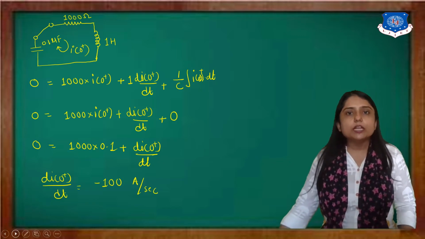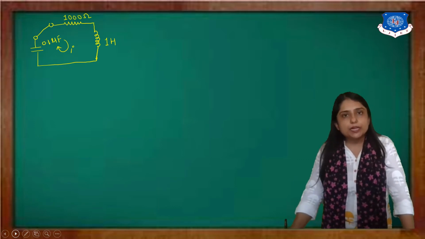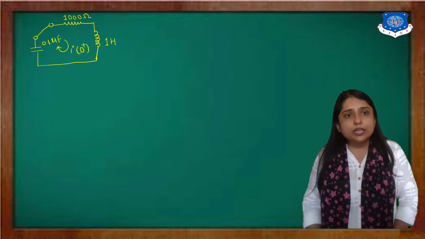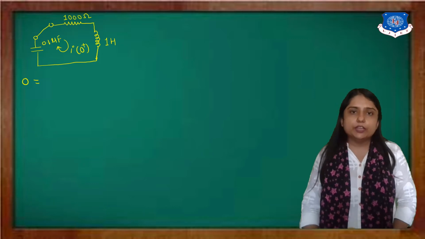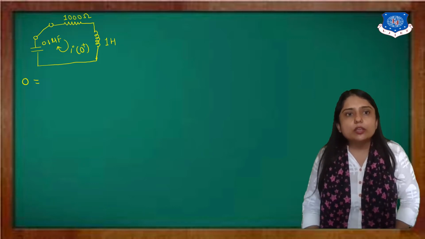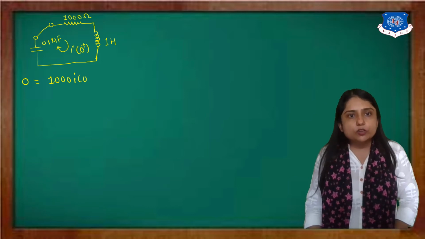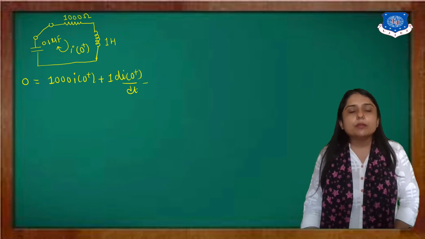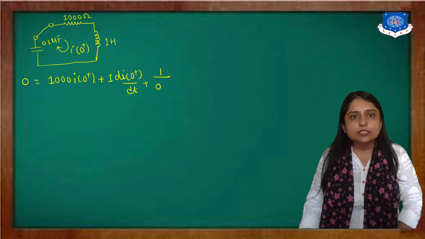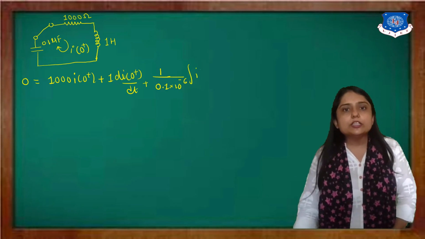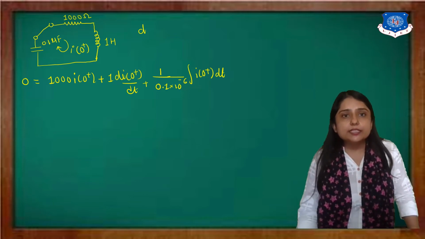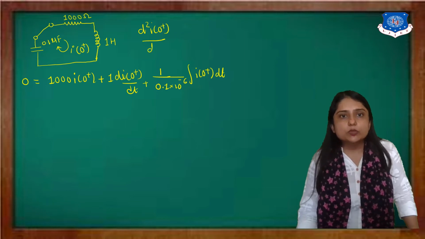Alright, so this is the value of the current derivative at t equal to 0 plus. Next we want to find d square I(0+)/dt square. Again we write the KVL equation: 1000 I plus 1 di/dt plus 1/C, where C is 0.1 into 10 raised to minus 6, times the integration of I dt.